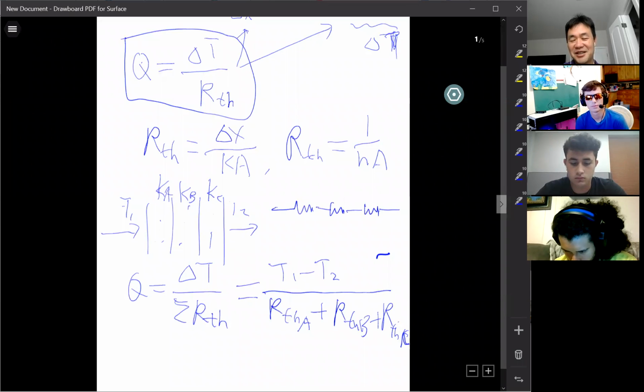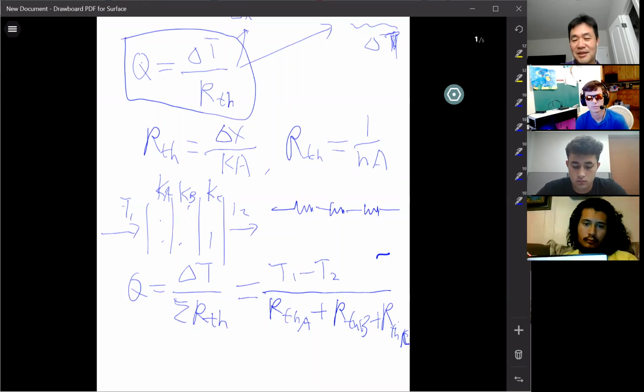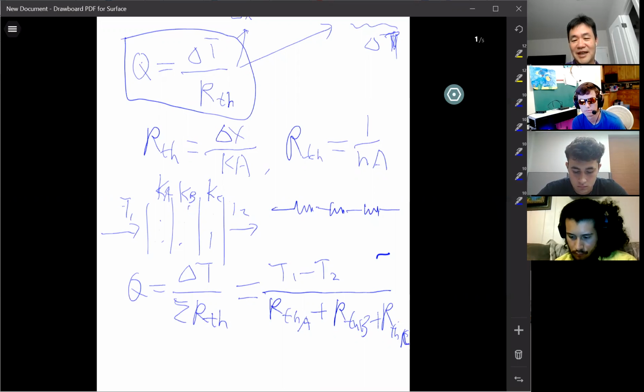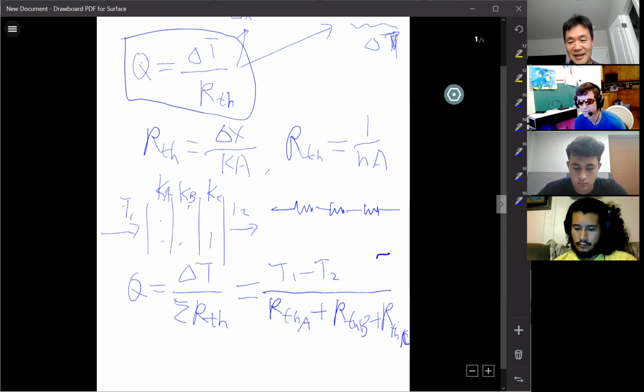There are three things in circuits: resistance, current, and what's the other one? Forgot? Resistance, current, and the voltage, right?